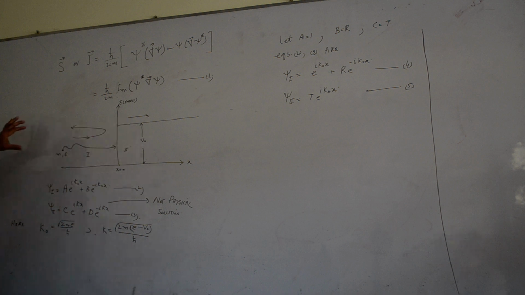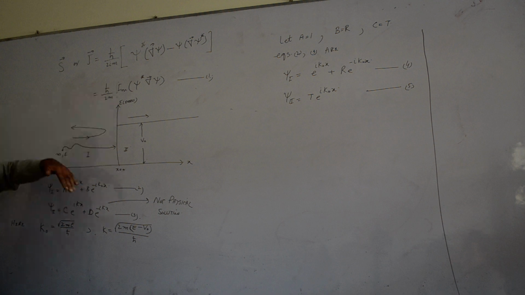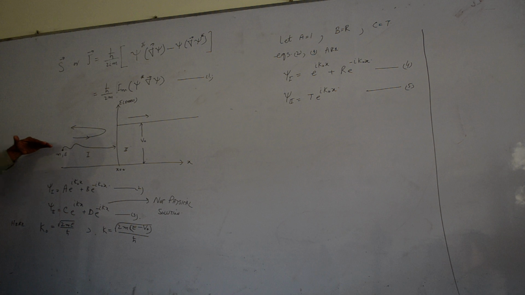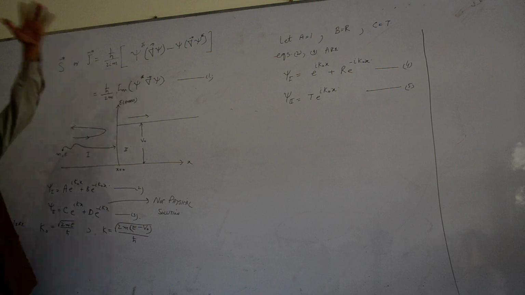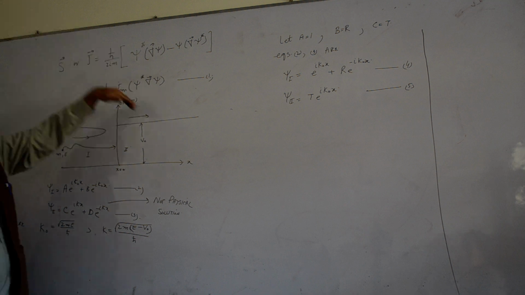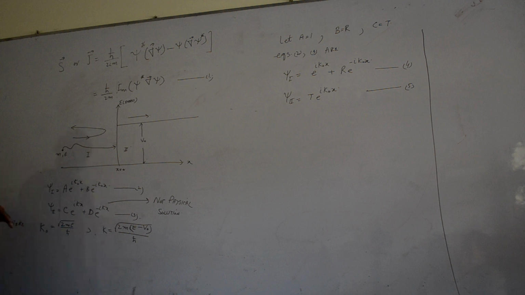Now a particle of mass m and energy E, we don't know whether the energy is greater than V naught or less than V naught, it could be either. It is moving from this side and is incident on the potential step. Remember one thing: if E is greater than V naught, then all the particles will cross the step and go in that direction.